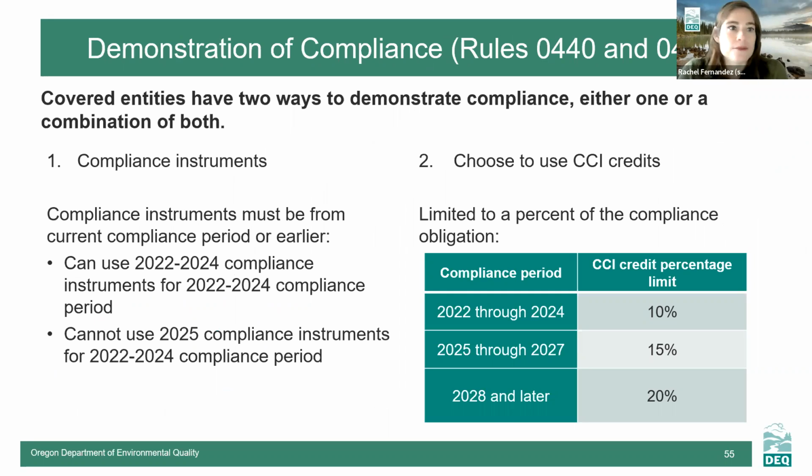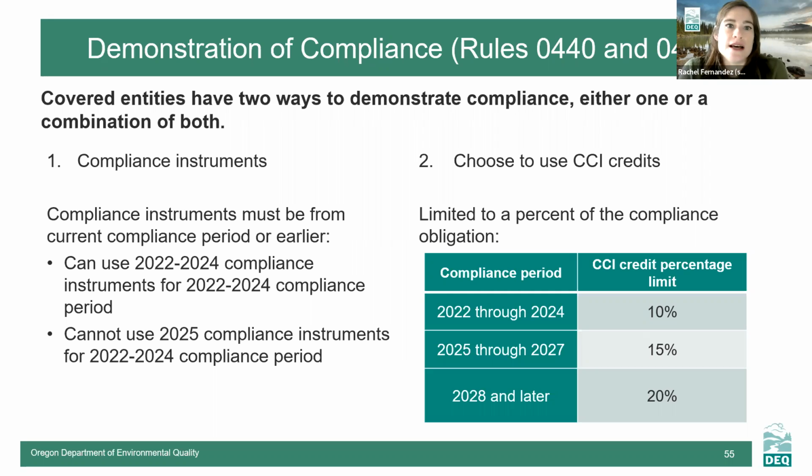You can do one or both. Compliance instruments: to reiterate, you can use 2022 to 2024 compliance instruments for the 2022-2024 compliance period. That is to say, you cannot use 2025 compliance instruments to demonstrate compliance for the 2022-2024 compliance period.